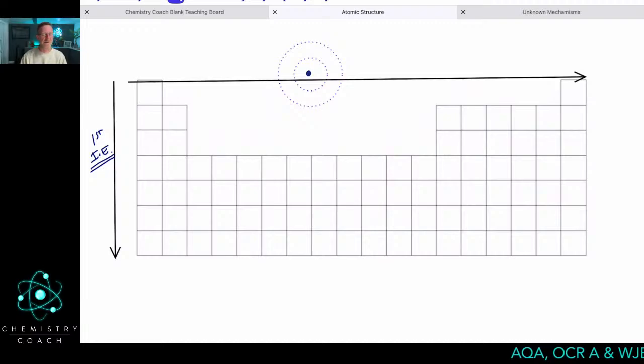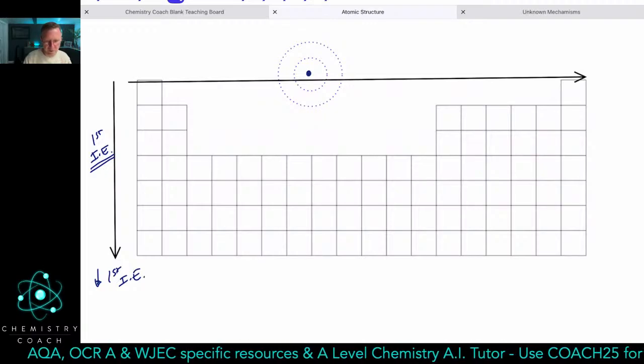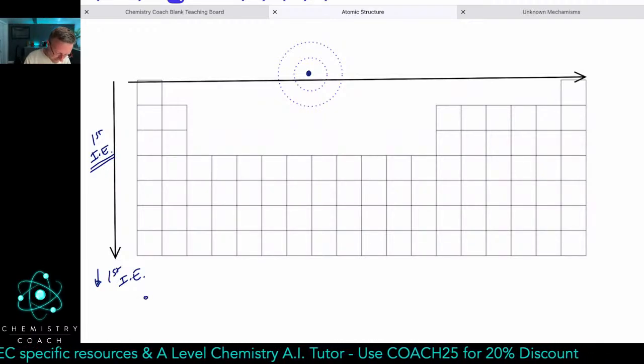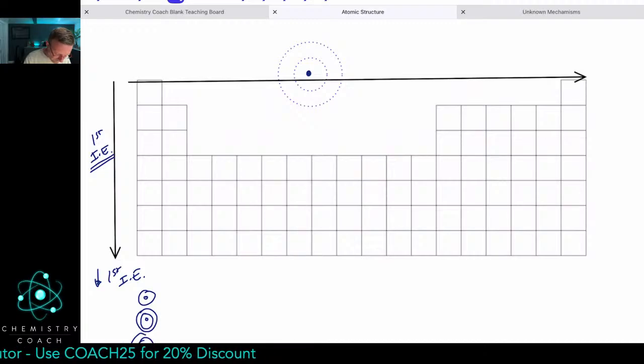Decrease. Okay, so we get a decrease in first IE as we go down the group. Now, the reason is, as we should all know, as you go down a group, the atomic radius increases.